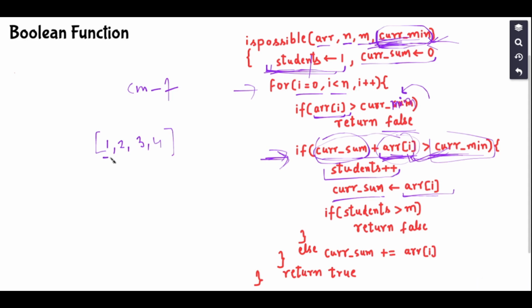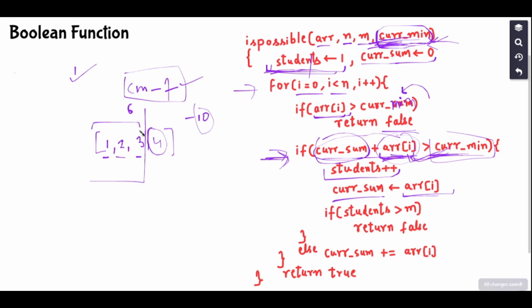The running sum would be 1 plus 2 plus 3, which is 6. So till this point I have allocated 6 pages to the first student, but if I want to allocate these 4 more pages, that would give me 10 pages to the first student, but it is not possible because the upper limit is 7. The maximum pages we can allocate are 7, and hence I will allocate these 4 pages to the second student.